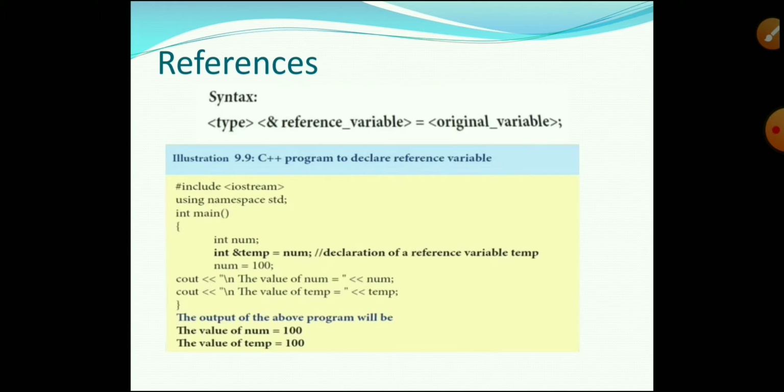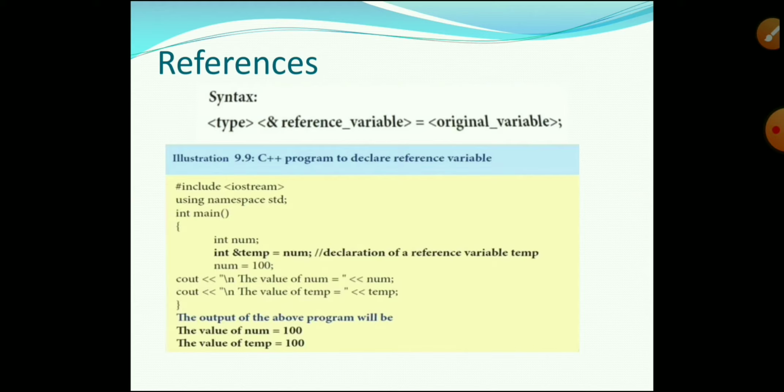Temp is the variable name; you can give any name, but for a reference variable you must use the ampersand symbol: int &temp = num. We did not assign any value to num, so whatever value you give the num variable will be an alias of the temp variable. The reference variable temp is an alias of the num variable; this is the declaration of the reference variable temp.